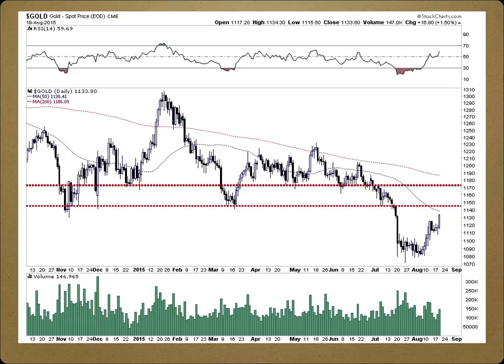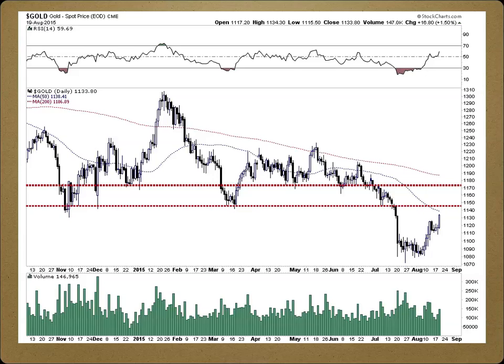As you can see, looking at the chart, that is the next area of strong resistance after 1140 to 1150. There's also a confluence of Fibonacci retracements right around 1170. And in addition to that, you've got the 200-day moving average at 1187, and that's falling, so that figures to come down closer to 1180 and into the 1170s.